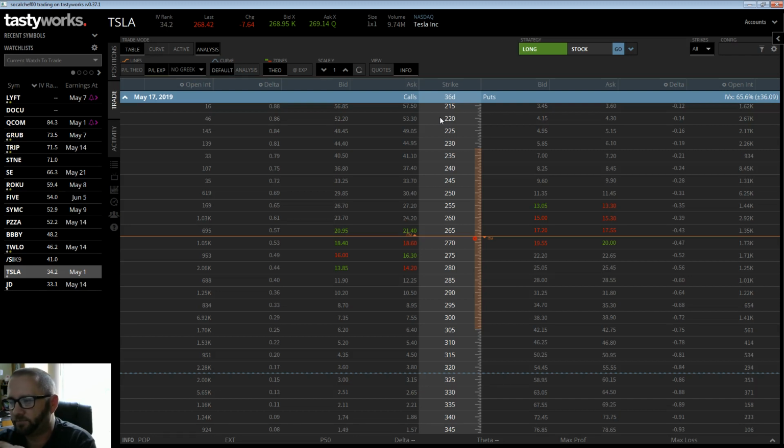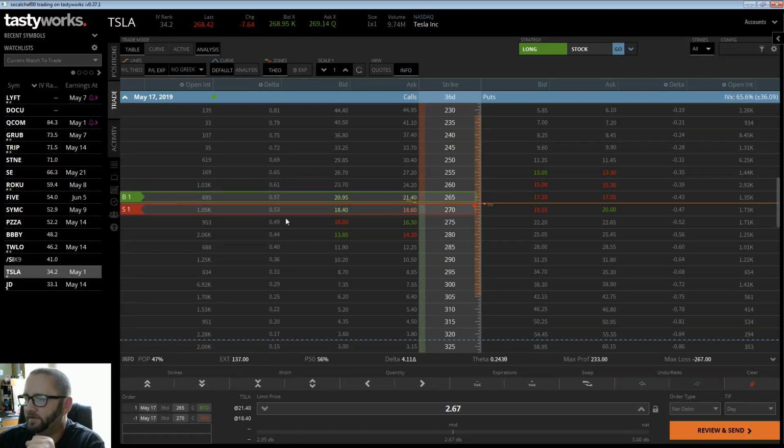So a debit spread, it's all the same thing. You do the same things on it, but on a debit spread, you want to actually buy in the money and then sell out of the money. Okay, a debit spread's more of like a 50-50 chance, and you want to be a lot more directionally inclined on this one to make your money. You want to try to risk one to make one on that.